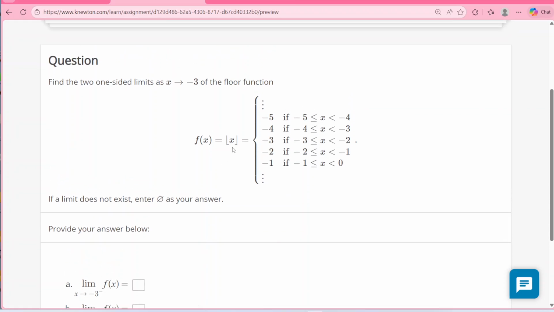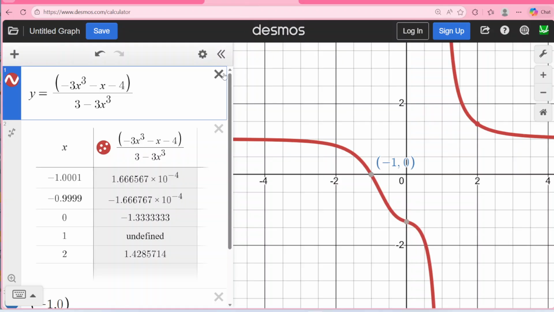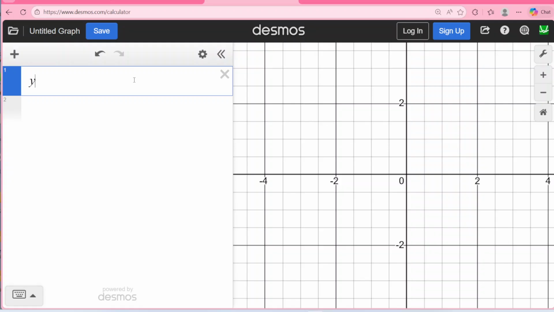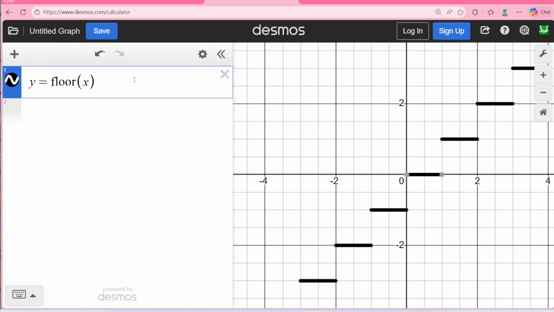Now the floor function, see this little thing around x, the output is simply the largest integer that's less than or equal to the input. So I'll show you the graph of this thing in Desmos. I'm pretty sure you can just type in y equals floor of x.